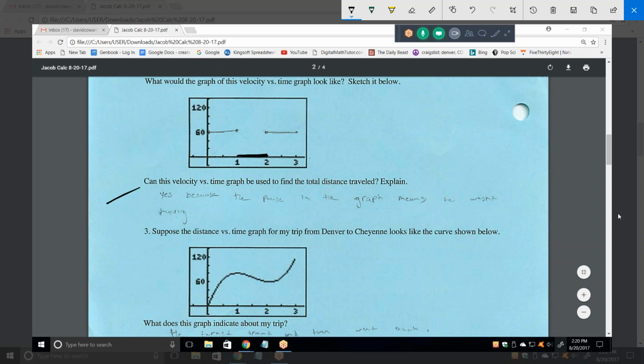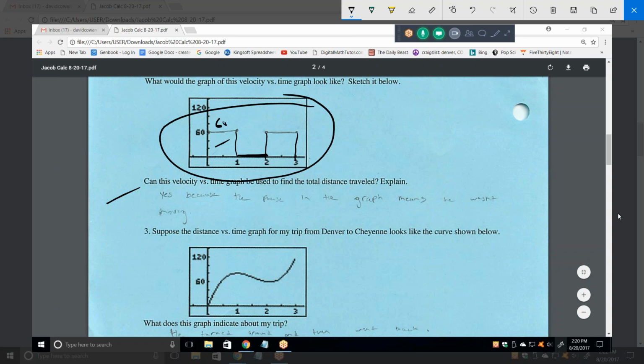If I want to take this graph and figure out how far we traveled, I figure out the area under that curve. What's the area right there? That would be 360. Hold on. Area is base times height. Oh, yeah, no, it'd just be 60.